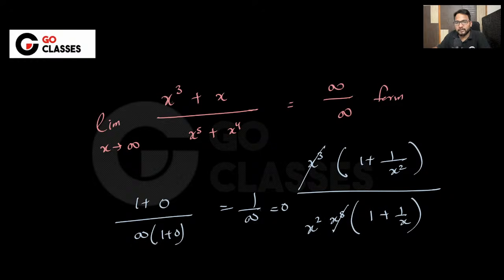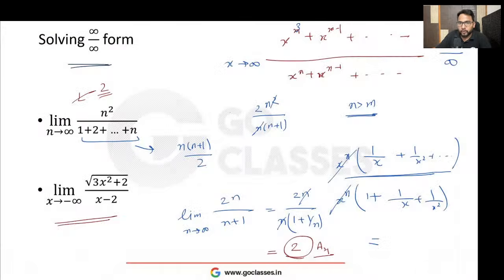So anyway, basically what is happening here is that you take the highest power common, and then you just try to solve your question. So basically it is, let's suppose, n square upon n square, you take the highest power common. Here n is getting cancelled, and then it is 2n upon n plus 1, and from this also you take this n common.